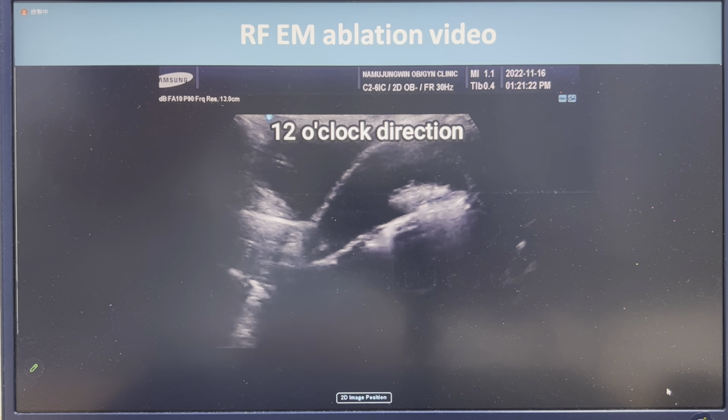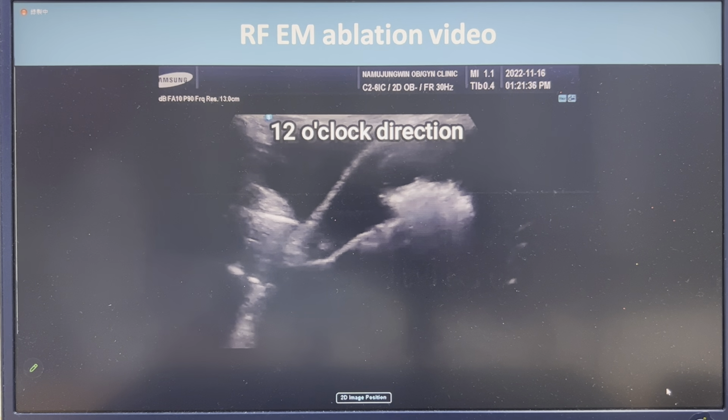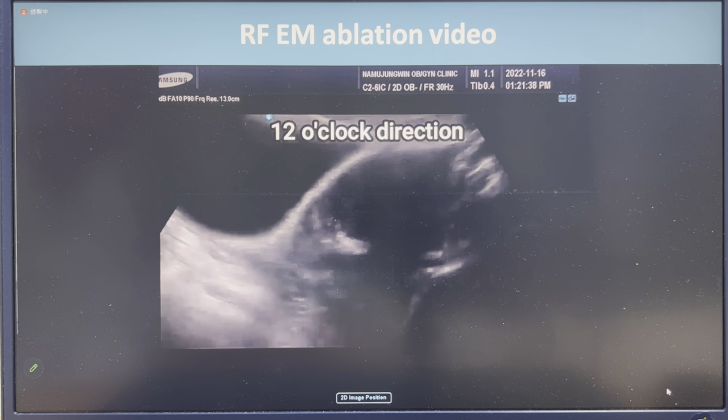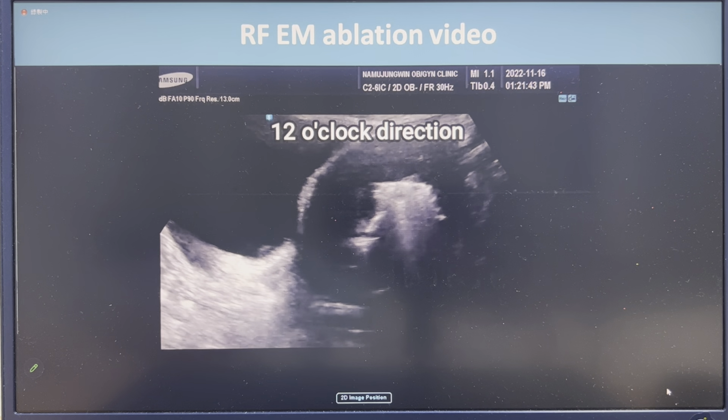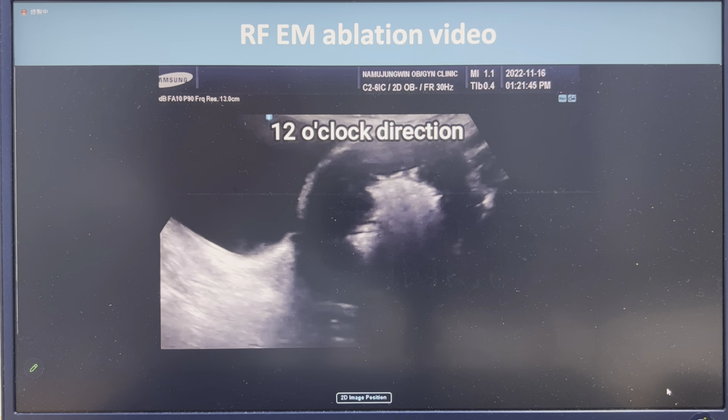EM ablation gives superior results in hypermenorrhea and DUB compared to medical treatment. But basically, myometrium is not ablated, so it does not work on dysmenorrhea.